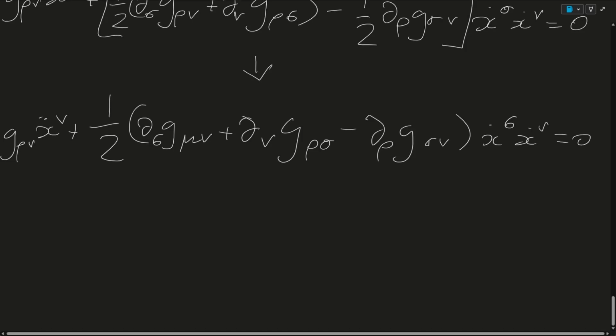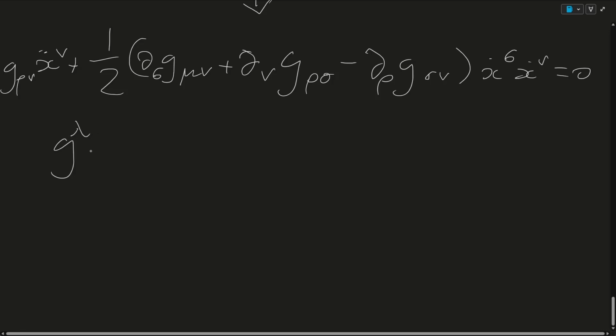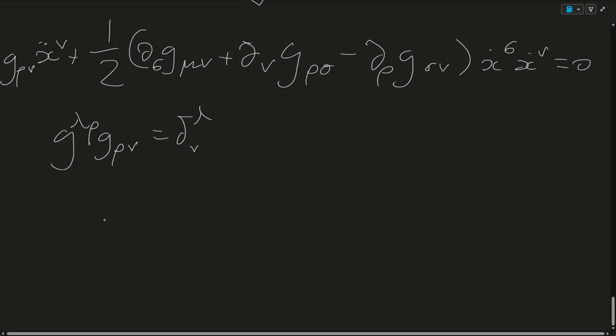Very cool. We're nearing the end. Might finish in 45 minutes. We want the acceleration on its own. The coefficient is that, and so now, using the identity matrix, we know that g lambda rho, g rho nu is equal to delta nu lambda, which is just our identity matrix in this case.